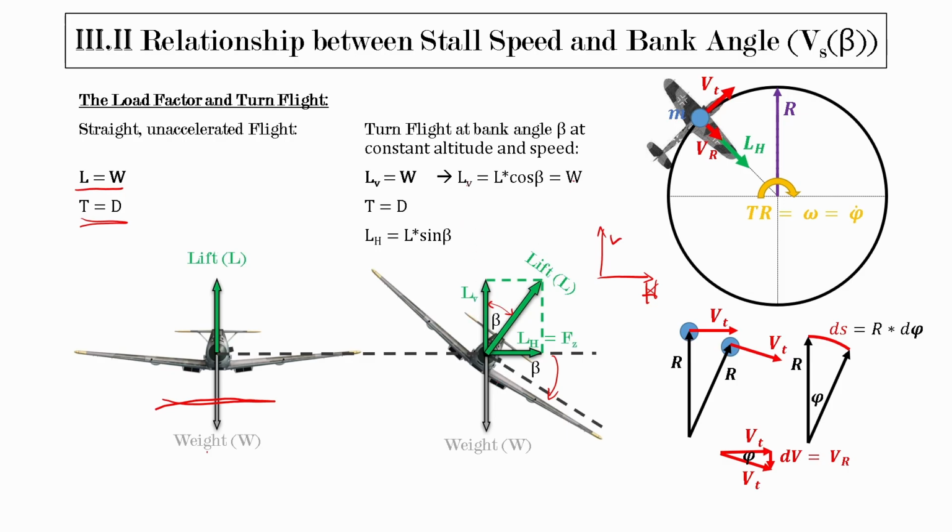So in other words, in order to maintain altitude also in a turn, because we tilted the lift vector, we need to increase the total lift vector. So this equation comes true. Okay, so we've changed from this to this.